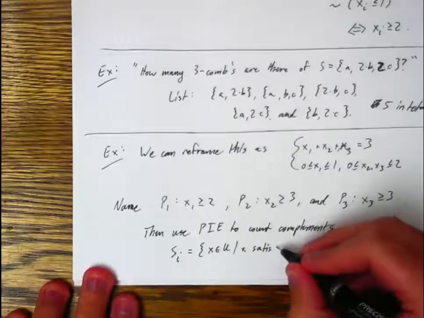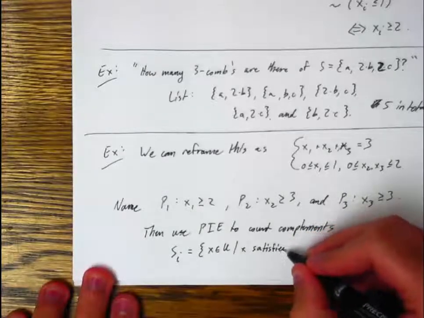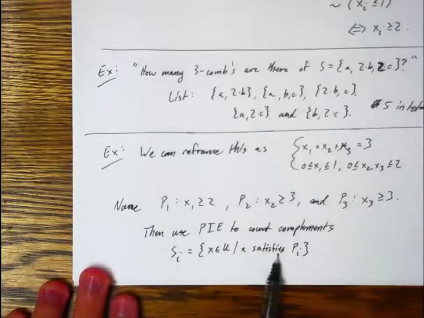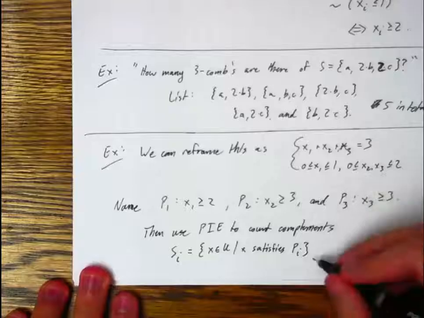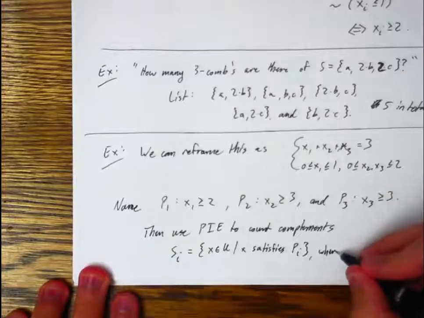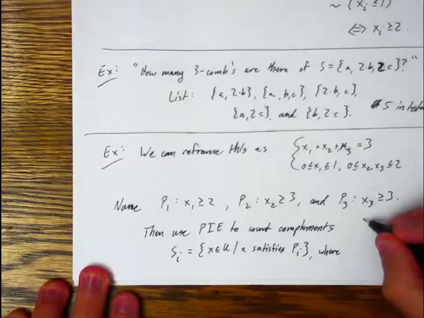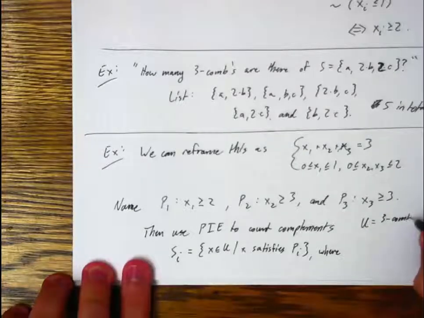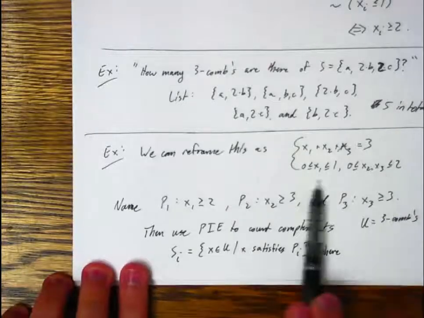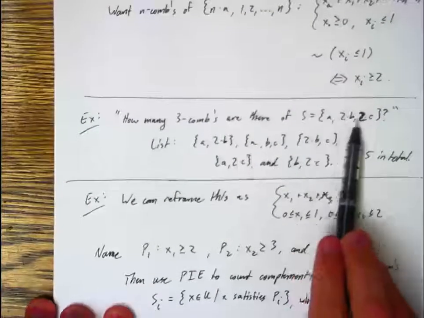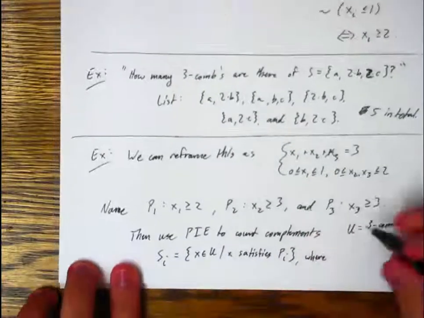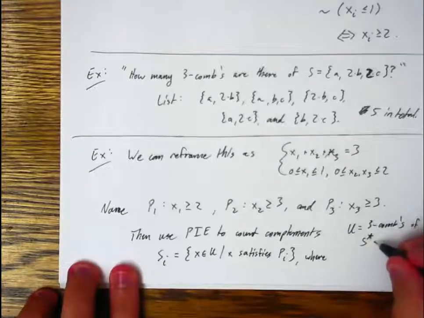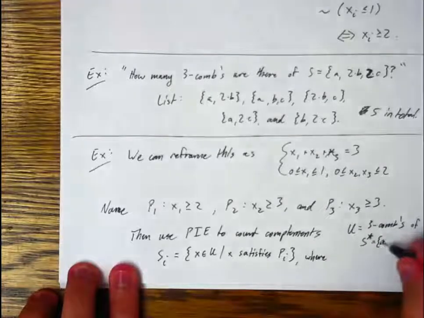Make sure that x satisfies Pi for each Si. That's how you define the Si's, as usual. Where U is the set of 3 combinations, not of this set right here, but rather of the set with no restrictions on it. So I'll call it S star, and these are the unlimited.